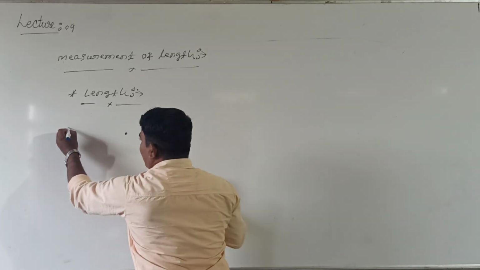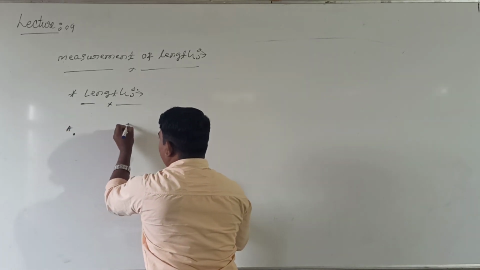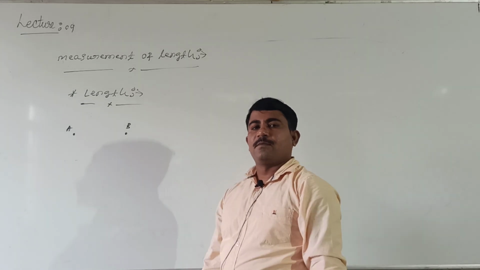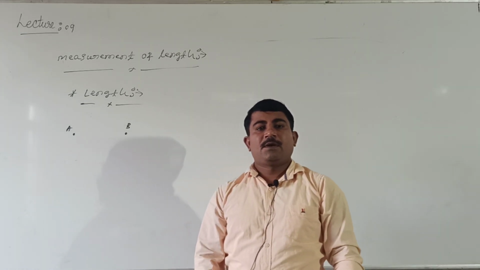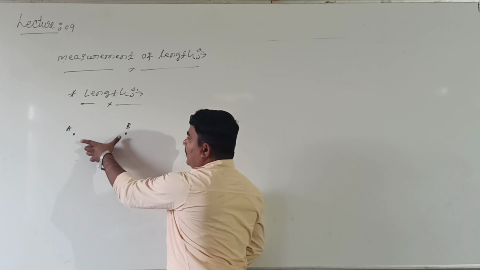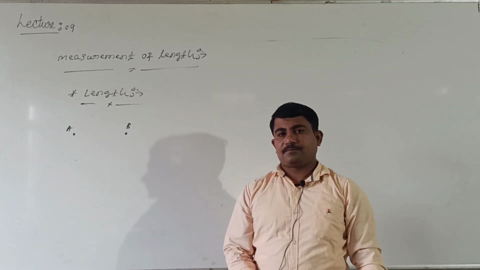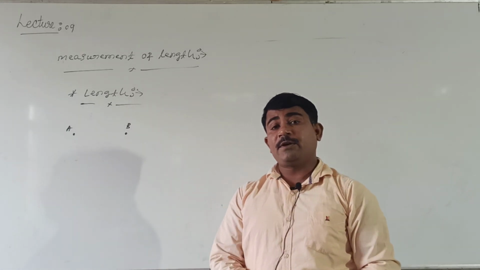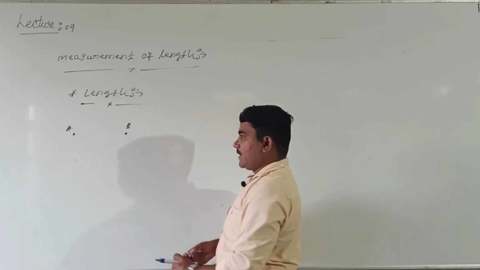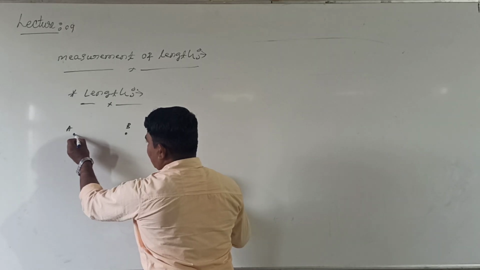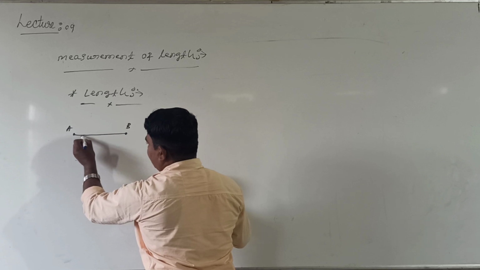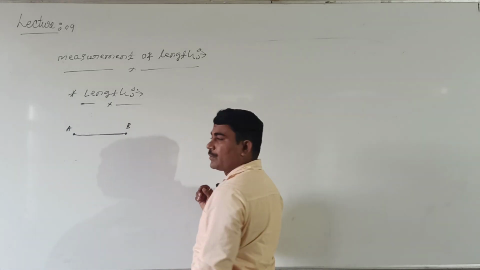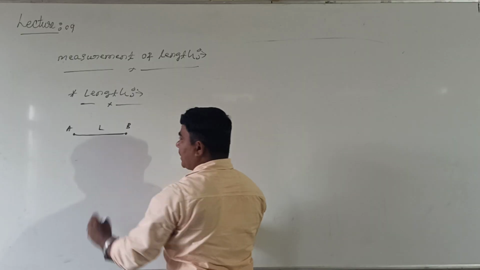This point we are calling A and this point we are calling B. Length means the distance between 2 points in the space. This we are calling length. Length can be represented by L.